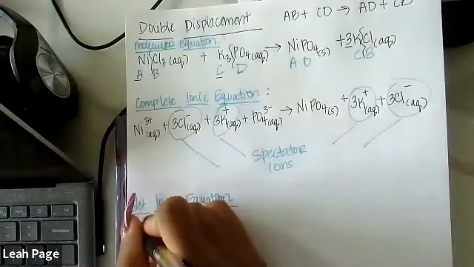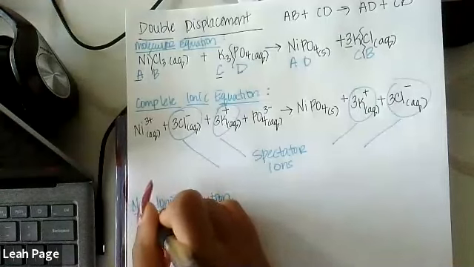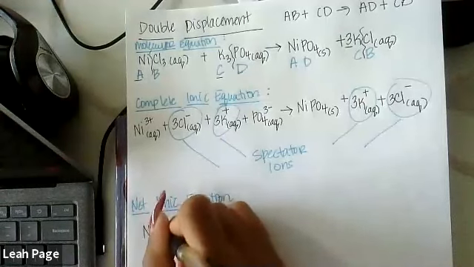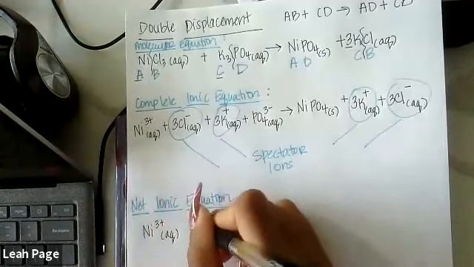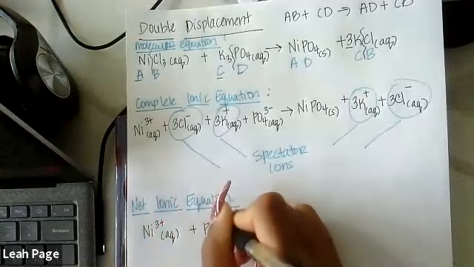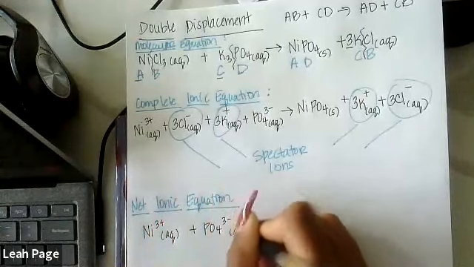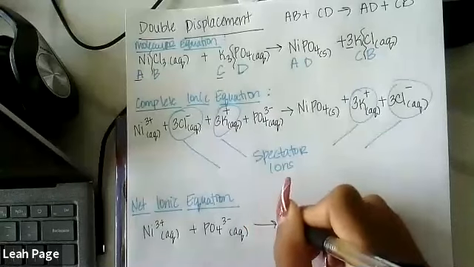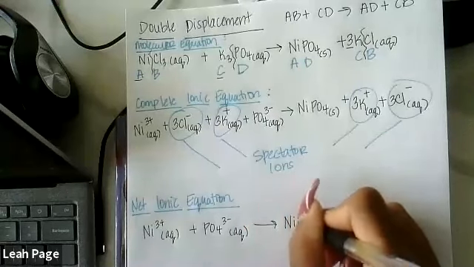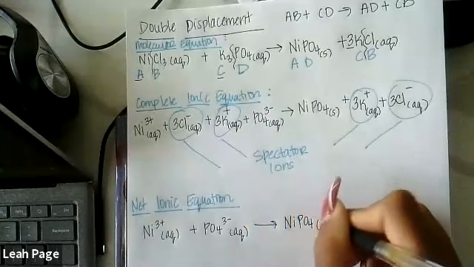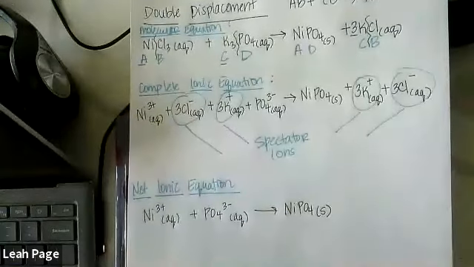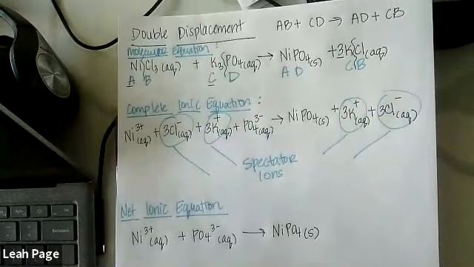So I'm just going to write that out. I'm just going to say nickel plus phosphate ions come together to form nickel 3-phosphate, which is a solid. And that's it.